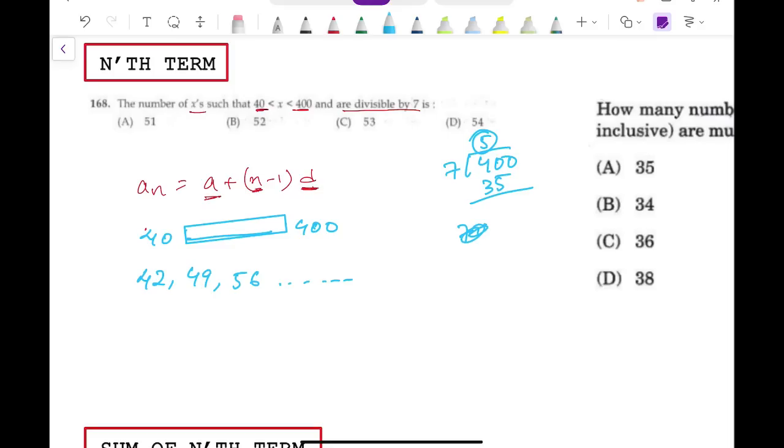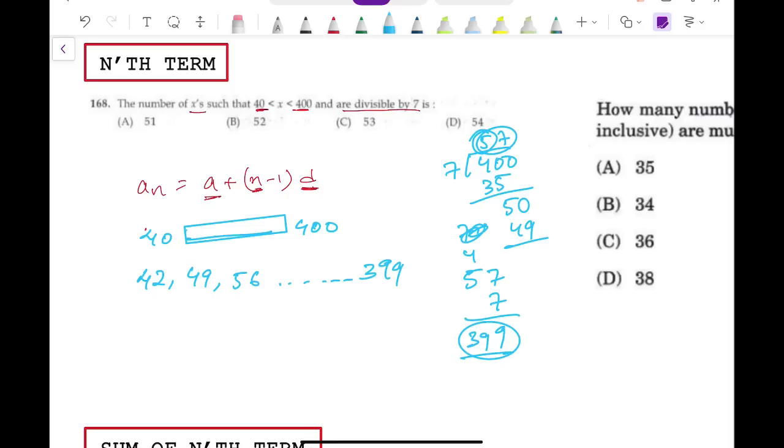Okay, let me complete this one. 35, that means 50. 7 sevens are 49. So I'll use this term 57. 7 into 57: 7 sevens are 49, 9, 4 in hand, 7 5s are 35 plus 4 is 39. So the greatest number here is 399.